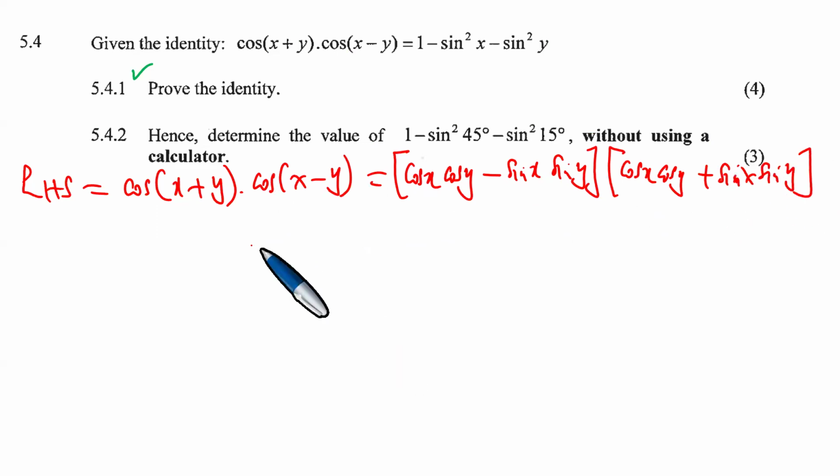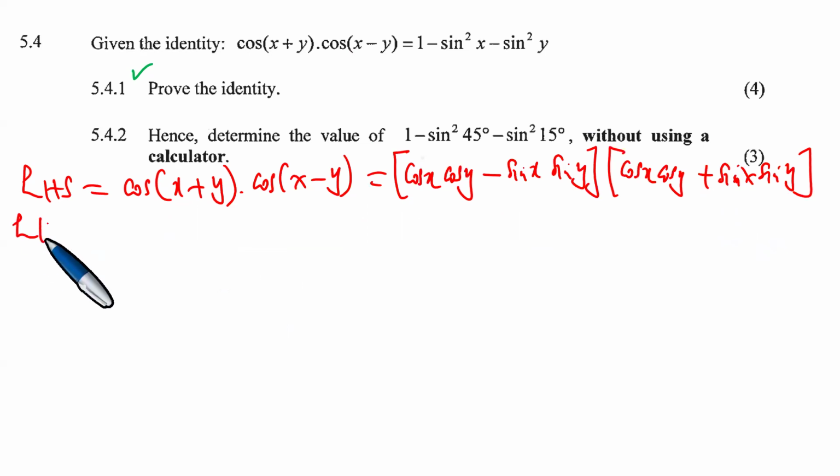Okay, using some of these trigonometric compound angle formulae, we're able to have the following expansions of the trigonometric compound angles. Okay, compound angle identities. So we have the cosine of x plus y becomes this, and the cosine of x minus y becomes that.